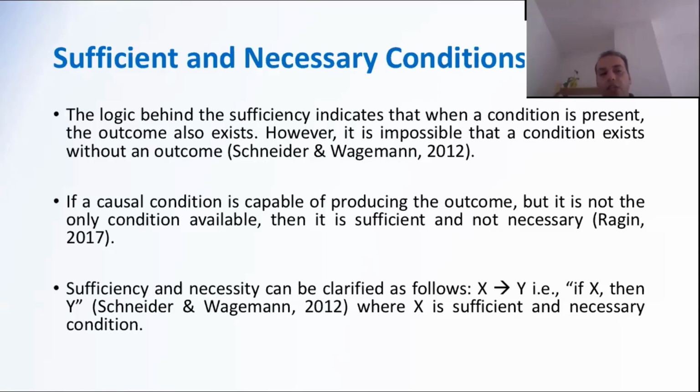And if a causal condition is capable of producing the outcome, but it's not the only condition available, then it is sufficient and not necessary. Later on, I will give you examples for necessity and sufficiency. So let's say if X goes to Y, X is a sufficient and necessary condition.